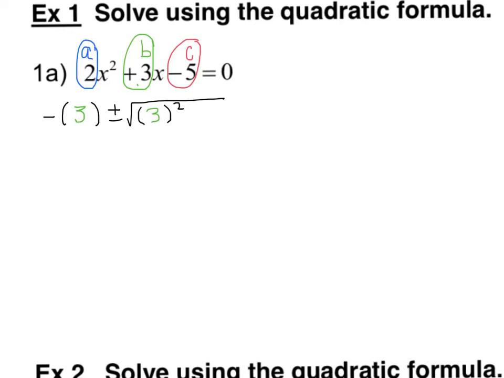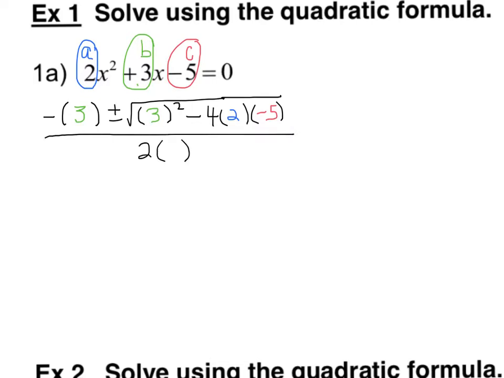So 3 squared minus 4. And then in parentheses, next to the 4, we need the number for a. So 2, because a is 2. And then the number for c, and c is negative 5. And all of this is divided by 2 times a. So 2 times 2.